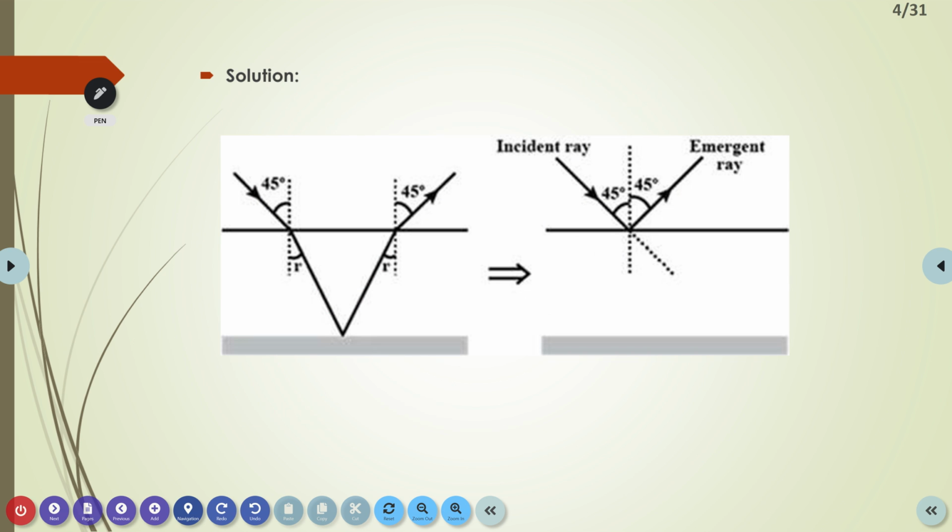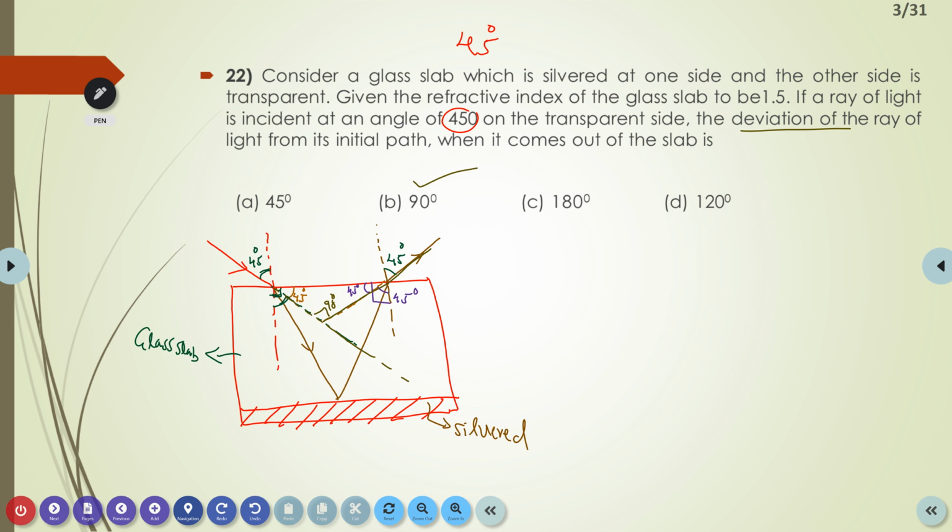Or another equivalent diagram: this is the incident ray and this is the emergent ray, and the angle between them is 90 degree. In this slide I discussed in detail how it is 90 degree. Remember students, this is 45, then certainly this also is 45 degree. And this normal and this is 90 degree, so this angle is 45 degree.